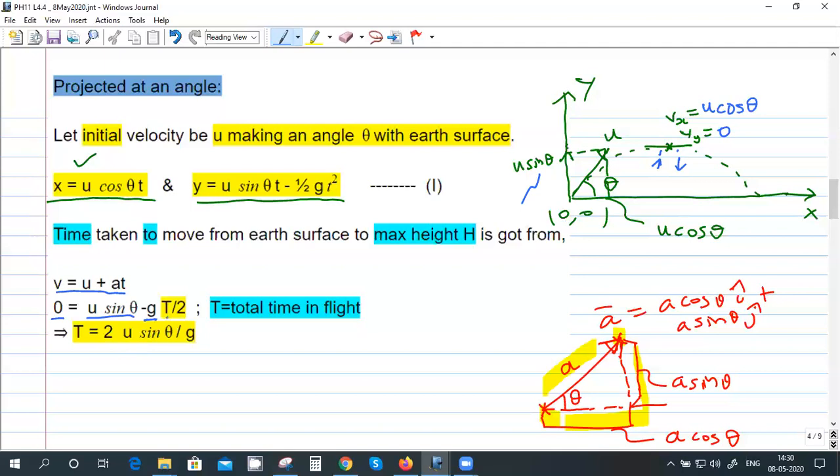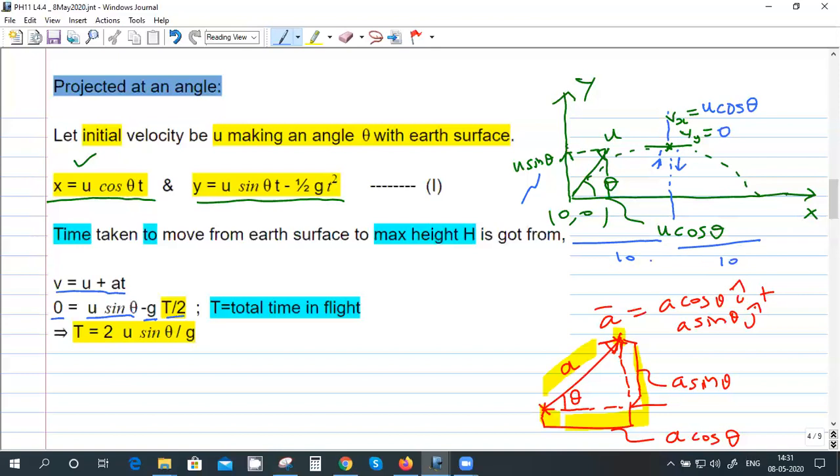The time taken to go from the ground to the maximum height point is total time divided by 2, because it is symmetric about the maximum height point. If it takes 10 seconds to go from here to here, it will take another 10 seconds to go from here to here by symmetry.